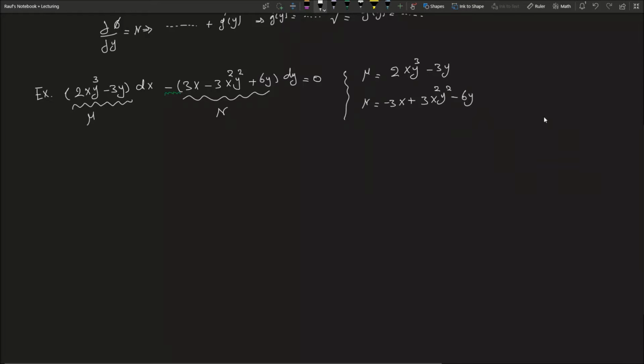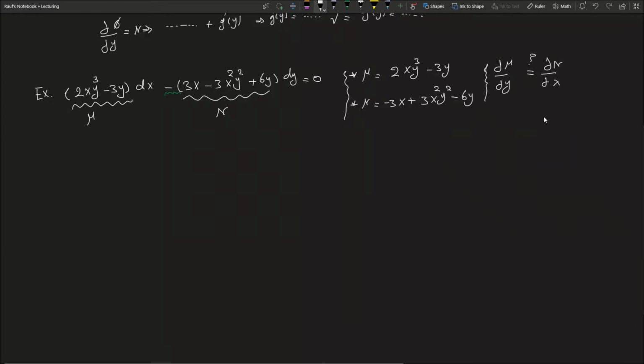First thing we want to do is confirm: is this equation exact or not? Which means we want to know, does partial mu over partial y equal partial nu over partial x? Let's differentiate mu with respect to y and differentiate nu with respect to x.